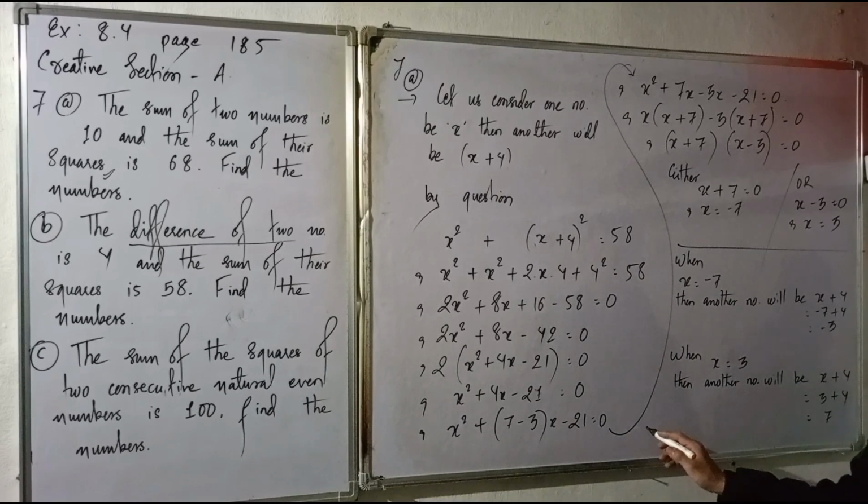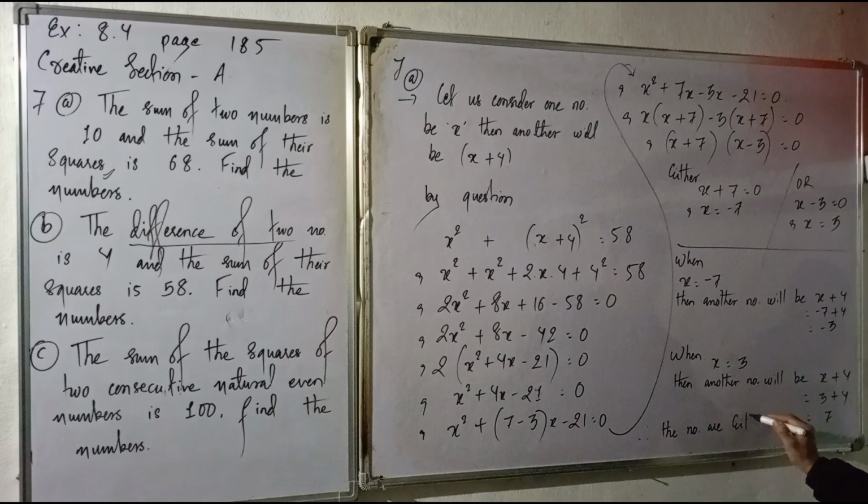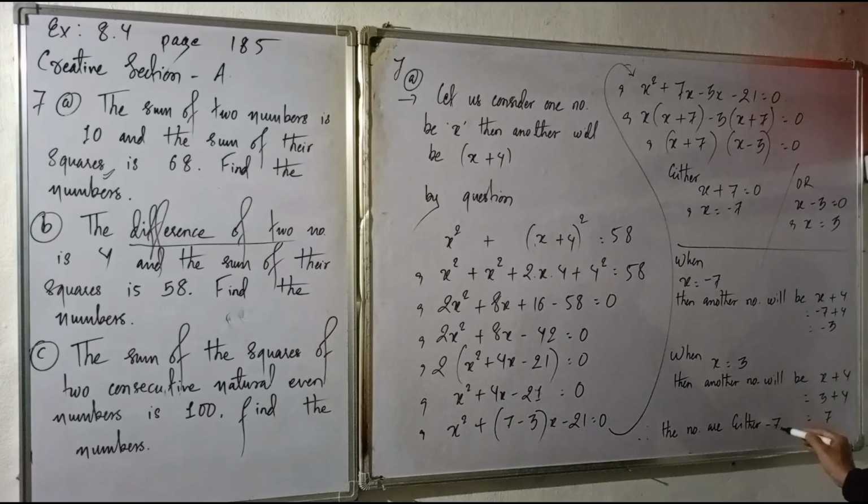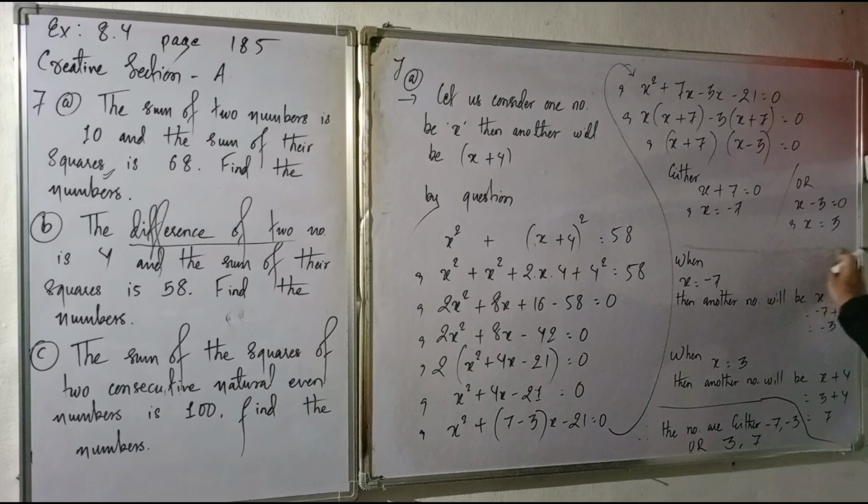So there are two acceptable answers, therefore the numbers are either minus 7 and minus 3, or 3 and 7. This is the final answer. Don't make a mistake, don't jumble them.